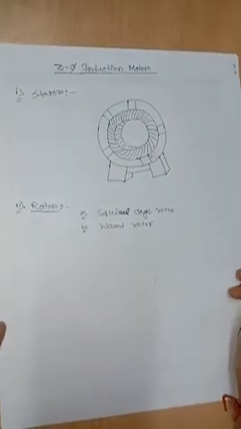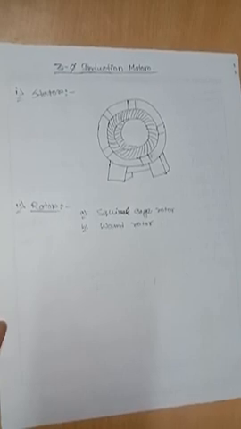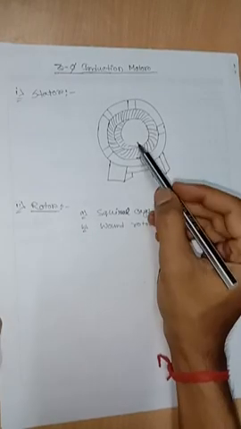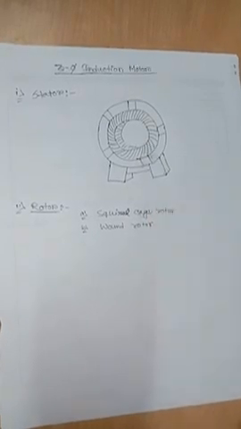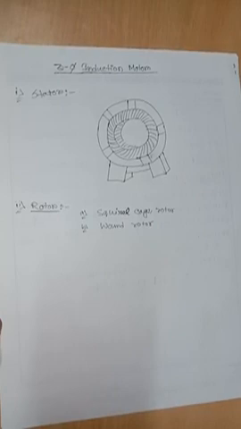Both types of rotor make use of a cylindrical laminated rotor core fitted on the shaft in the center. In the squirrel cage type, the rotor winding consists of uninsulated conductors in the form of copper or aluminum bars. We can use either copper or aluminum bars placed in the slots. These slot bars are short circuited at both ends by end rings.